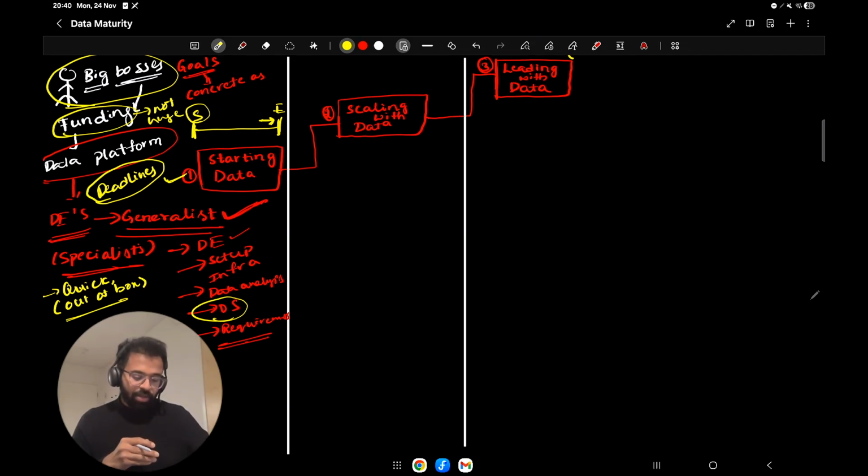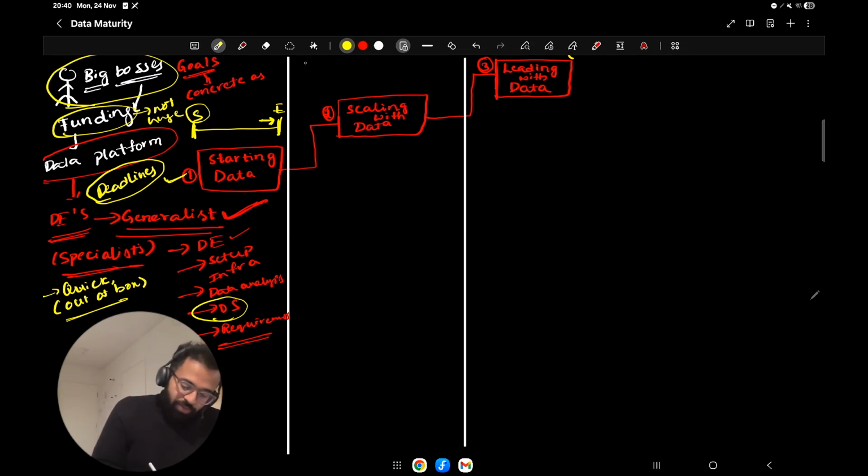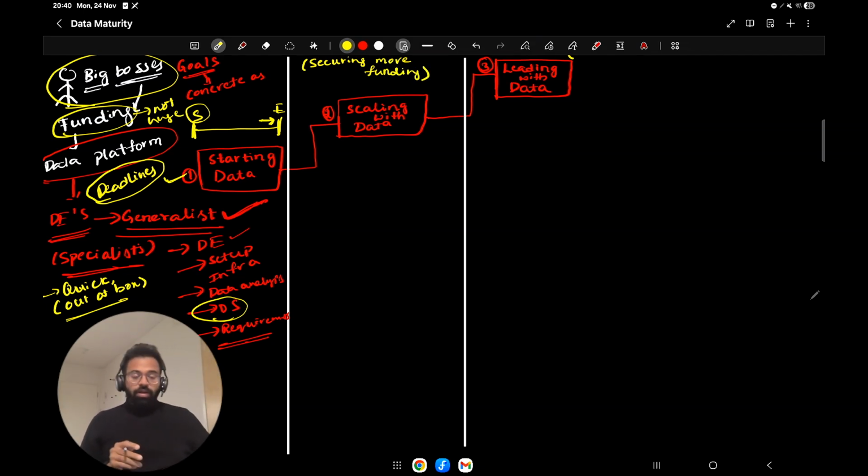Then you might end up securing more funding, and the securing of more funding will happen in this phase. Before we jump onto the second phase, you have to keep one most important point in mind.